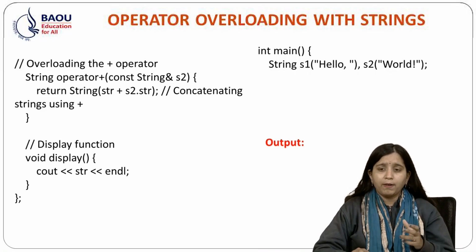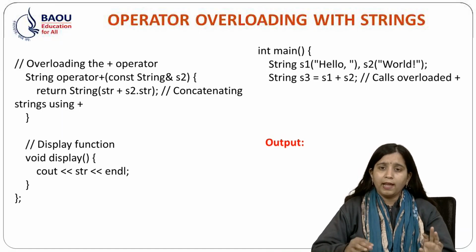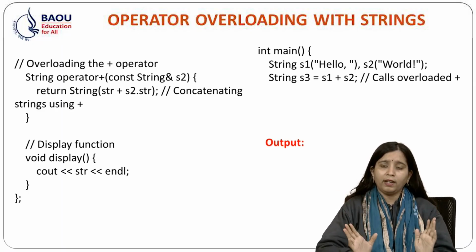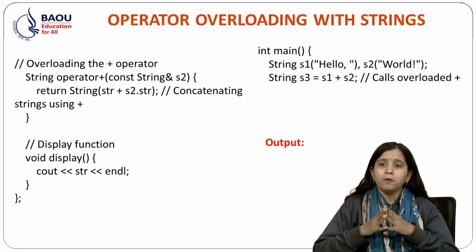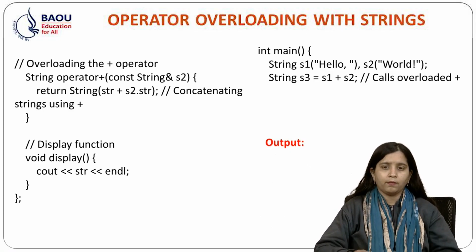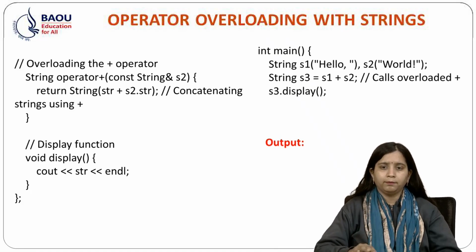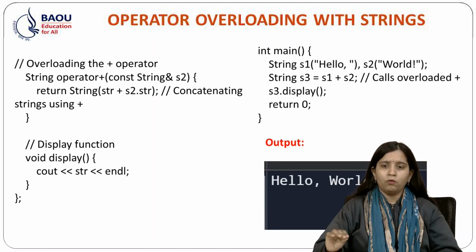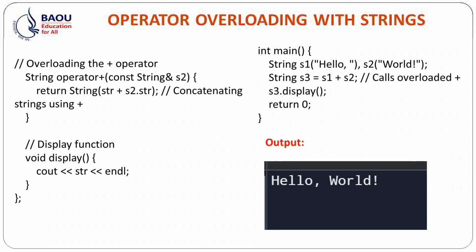In s1 I have passed hello, and in s2 I have passed world, and using s3 I am just concatenating s1 plus s2, that is I am overloading my plus operator here, and then s3.display. What I get as my output is hello world. So this is how we do manipulation with operator overloading.